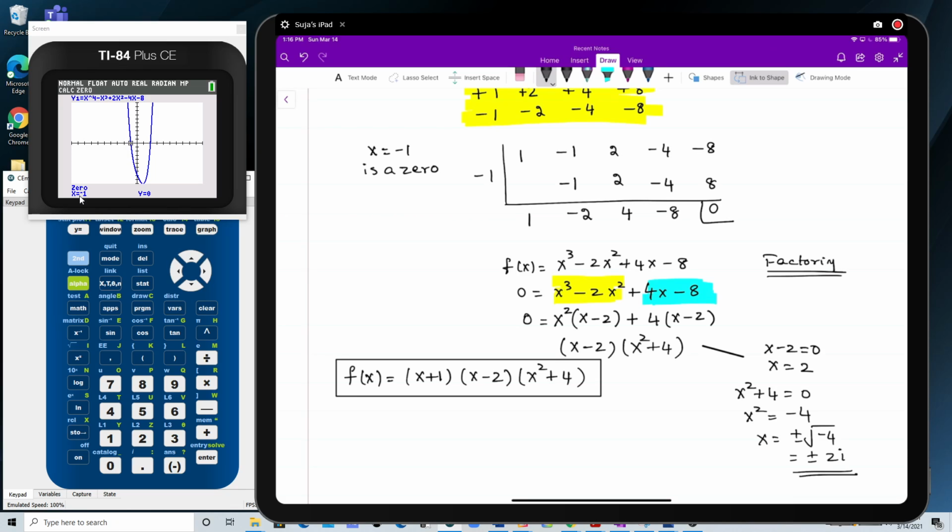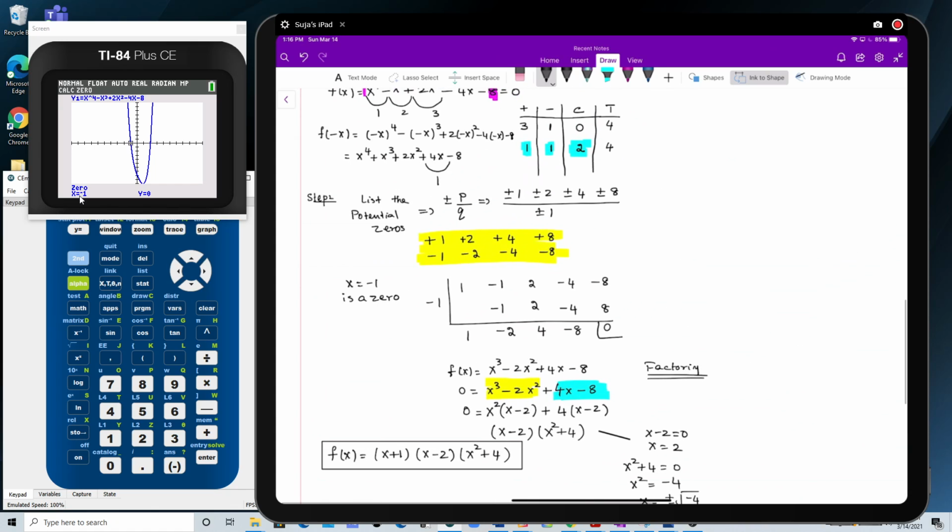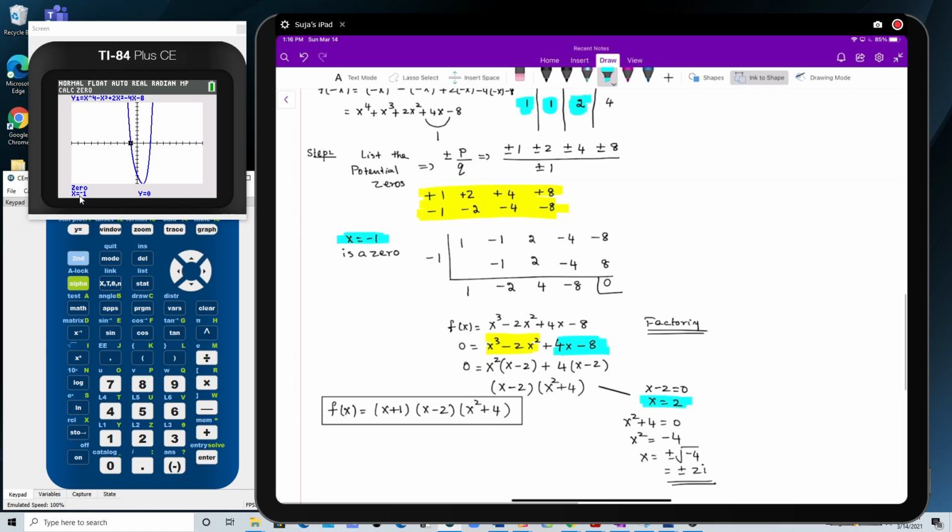If I go back to my Descartes rule that I already listed, this problem is in the second category: I should have one positive real zero, which is 2, one negative zero, which is negative 1, and then the other 2 are complex, which is what I'm seeing here.